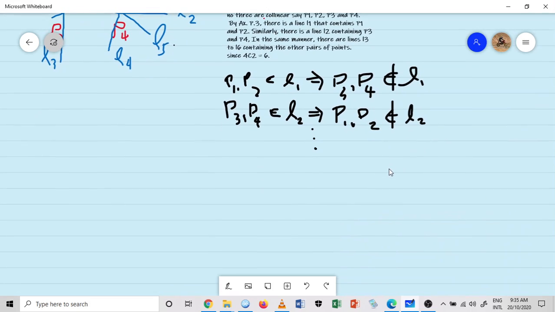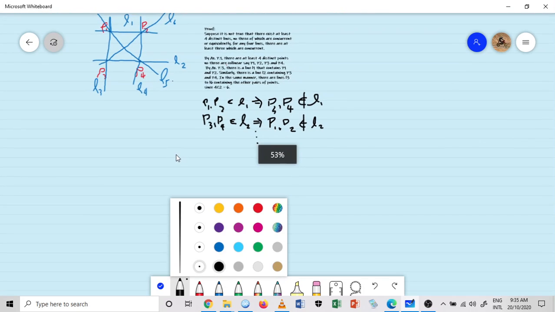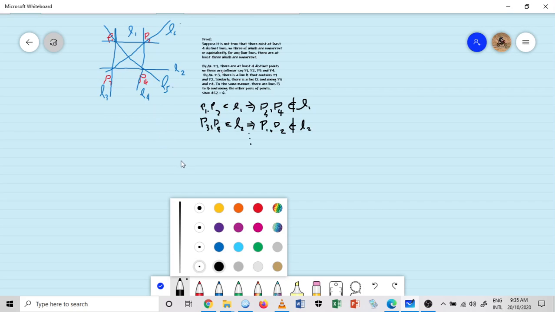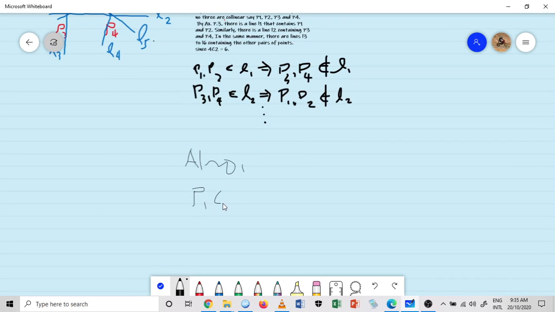Also, we should see that since P1 is in L1 and P1 is not in L2, would go to show that L1 is not L2.